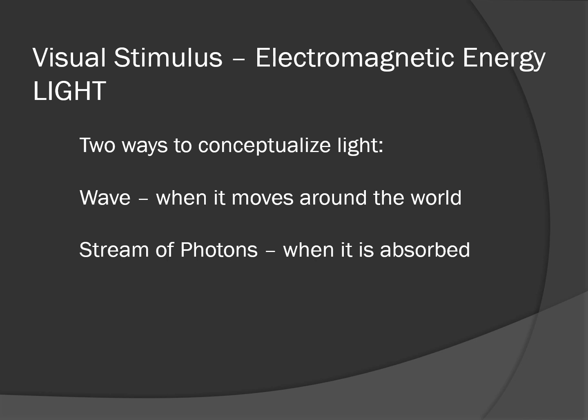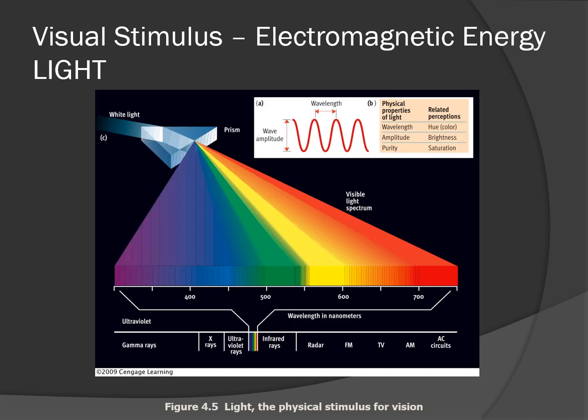And for understanding how we see the electromagnetic spectrum, we need to talk about both of these pieces, because the photoreceptors are actually going to absorb a photon of light in order to fire. Our experience of light is influenced by those waveforms.